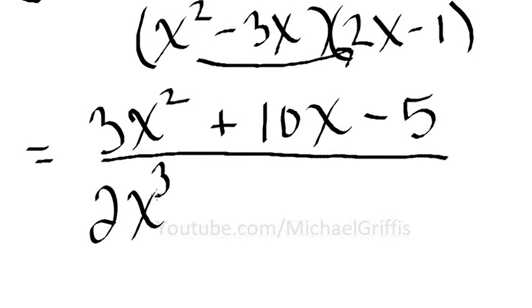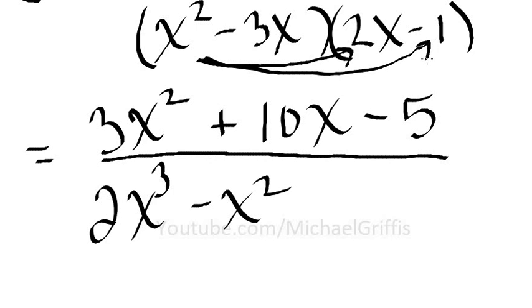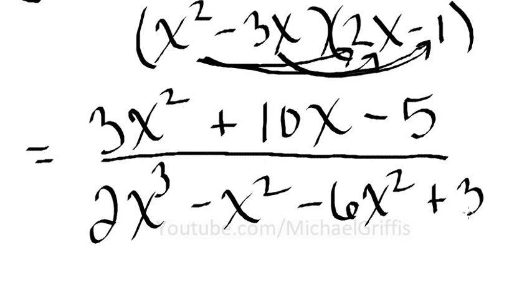Yeah, 2x to the third. X squared times x is x to the third. All right. Minus x squared. Right. And then negative 3x times 2x is negative 6x squared. And then negative 3 times negative 1 is positive 3x.